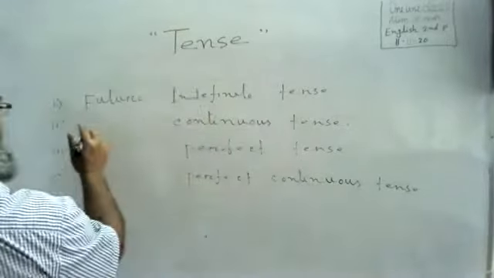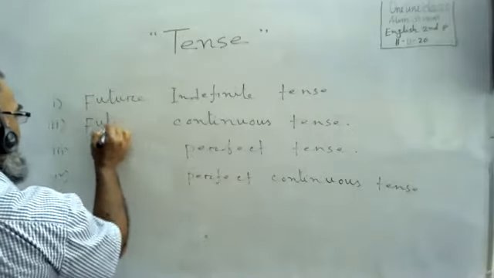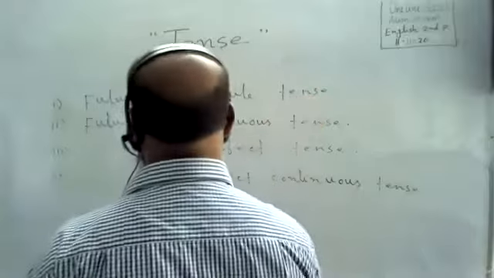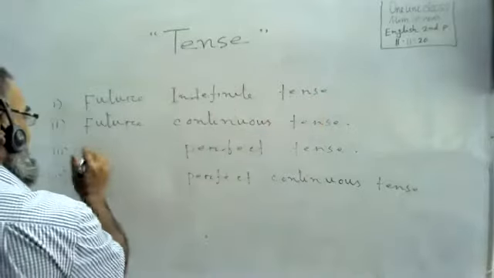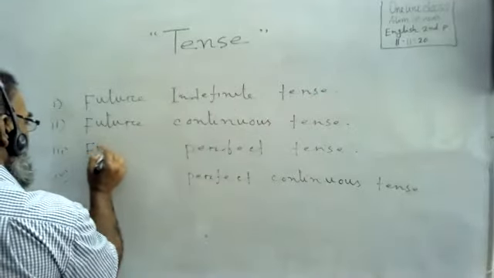Number two, future continuous tense. Number three, future perfect tense. Number four, future perfect continuous tense.